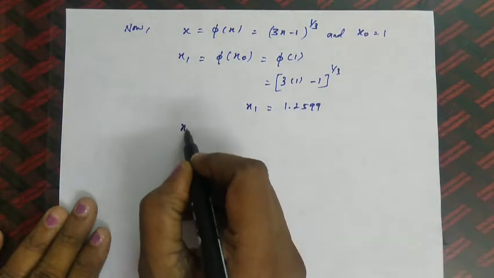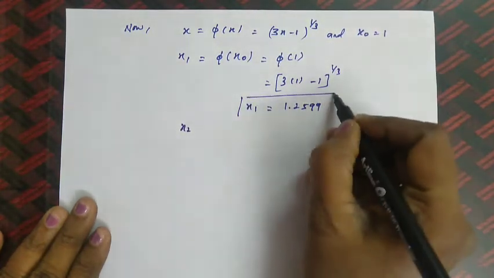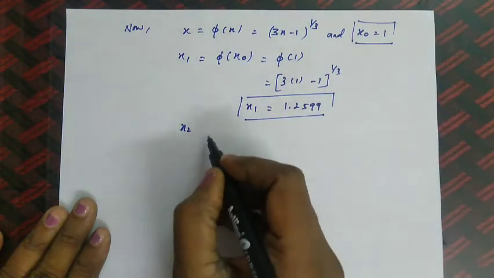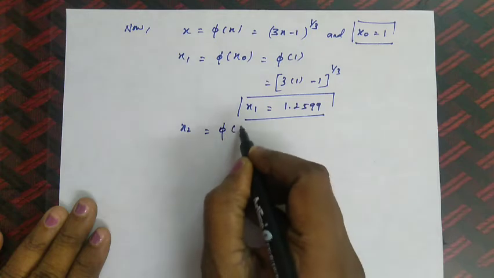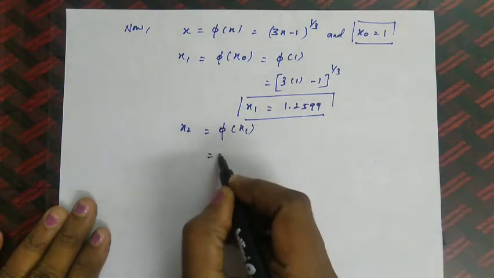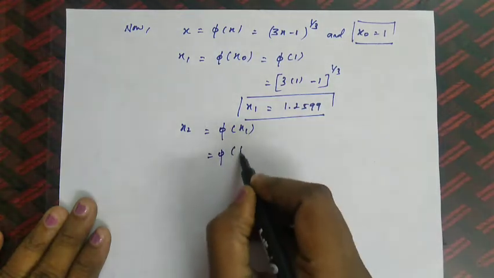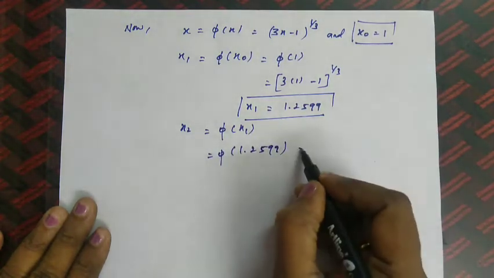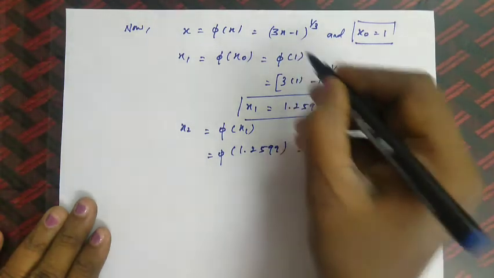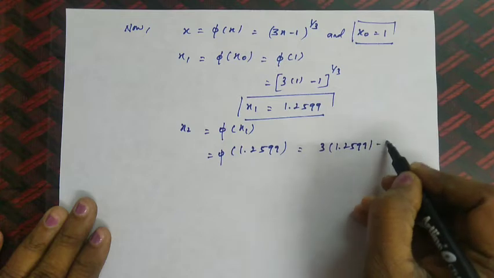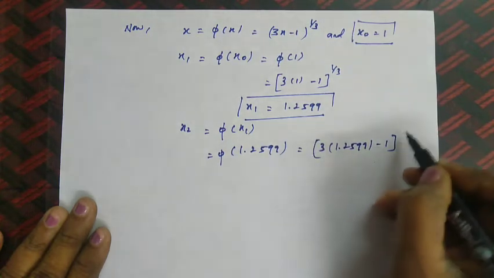Next x2. Now, x2 equal to phi of x1. What is our x1? x1 is 1.2599, and phi of x1 is equal to (3 into 1.2599 minus 1) whole power 1 by 3.